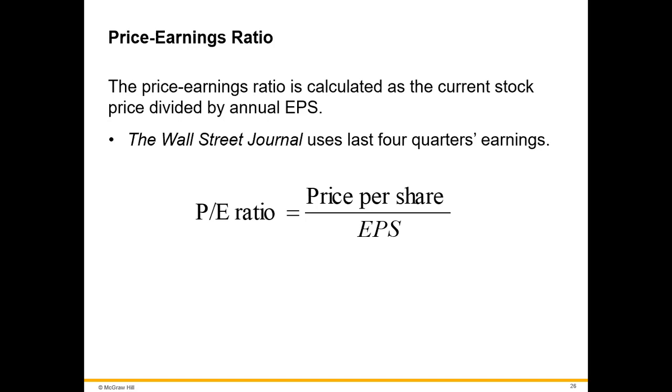If we divide that into the price per share, it gives us the price earnings ratio. Here's how I wrap my head around this, and hopefully you'll understand it if you're having trouble with it. It's the value the market places on $1 of earnings per share.